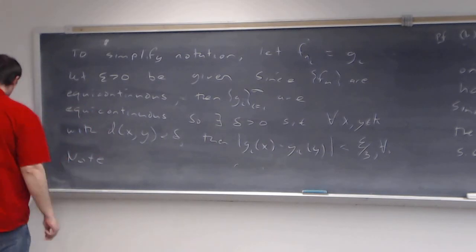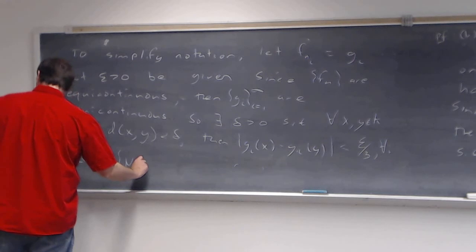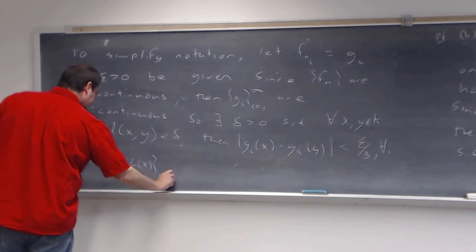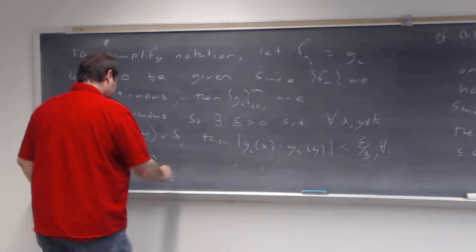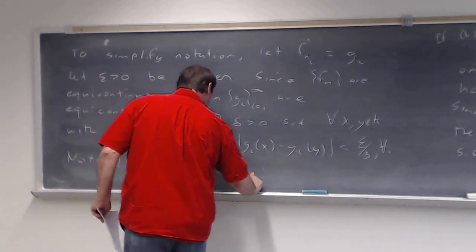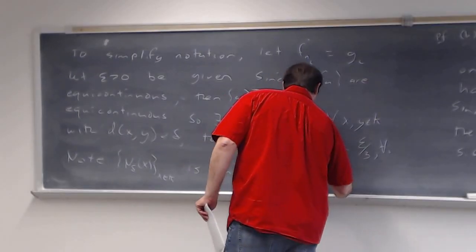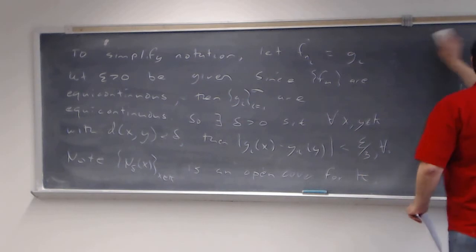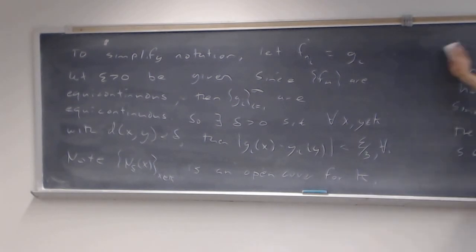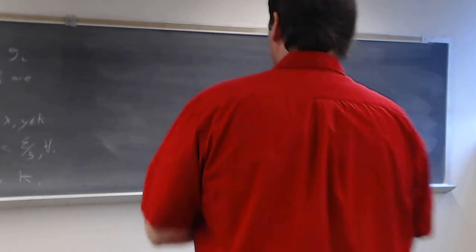As we had before, if we look at the collection of neighborhoods about x for each x in K, this is an open cover for K. Well, we know K is compact.